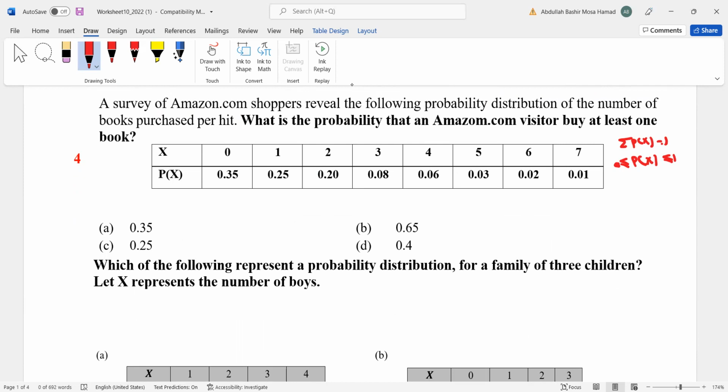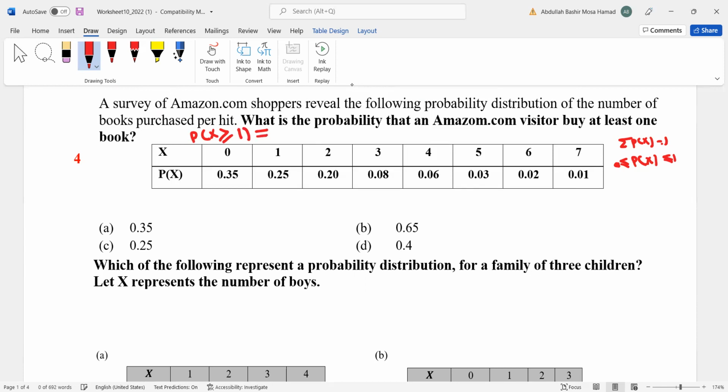Let's see the probability that an Amazon.com visitor buys at least 1. X takes the values 0, 1, 2, up to 7. At least 1 means P of X greater than or equal to 1.